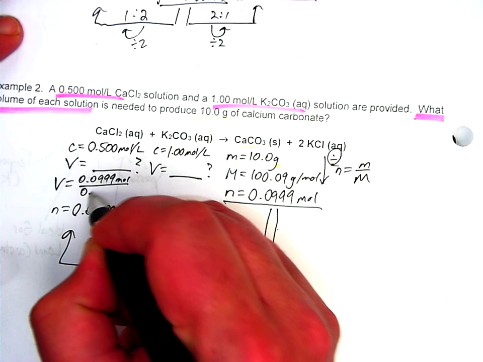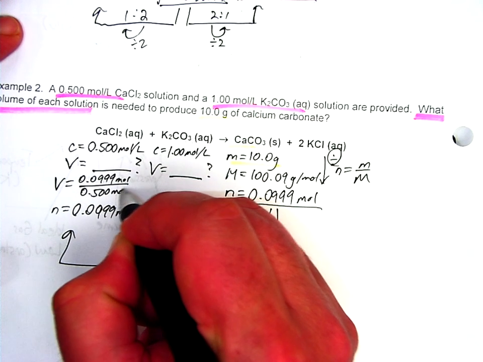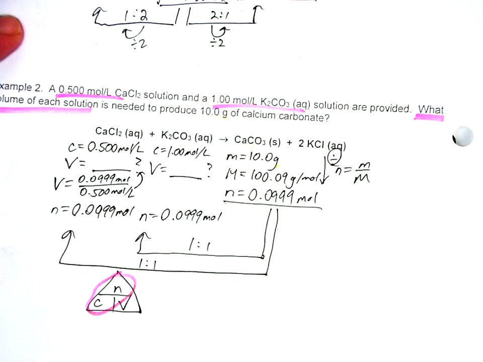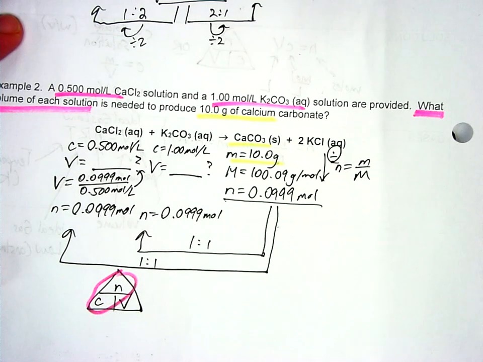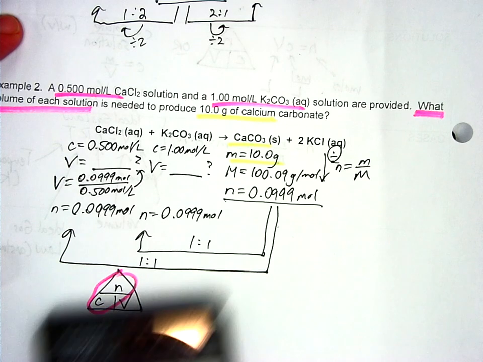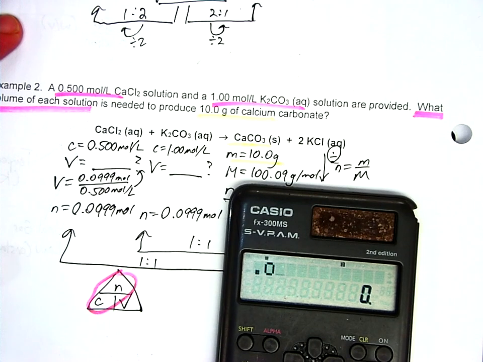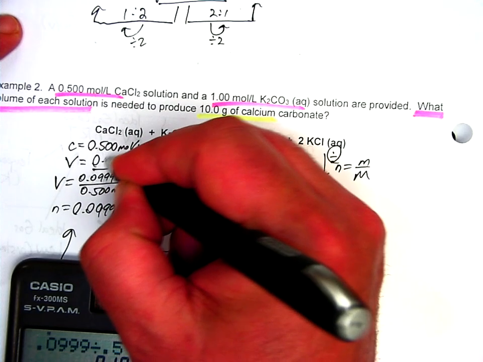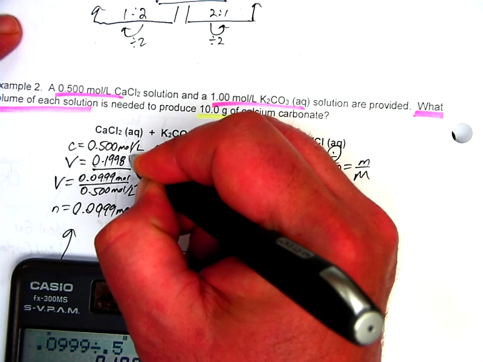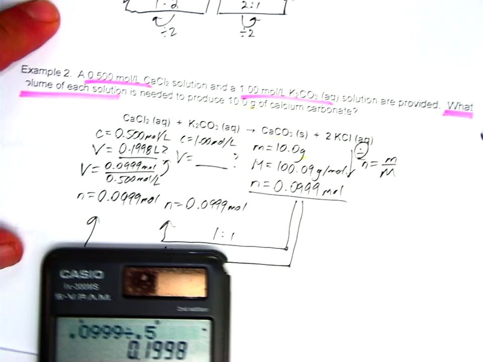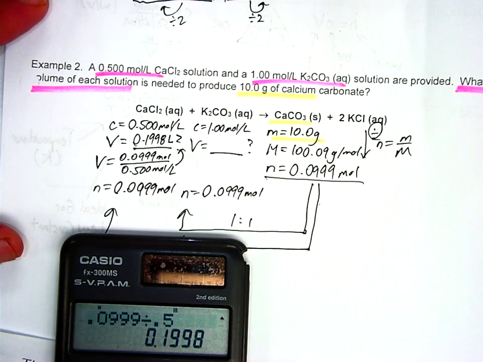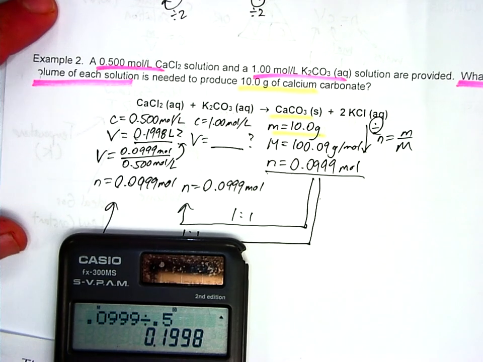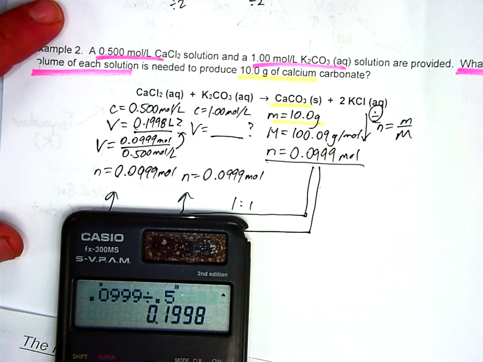I'm going to divide by my concentration, and then I will get the volume. And it'll be in liters. Okay, 0.1998 liters of calcium chloride is required.